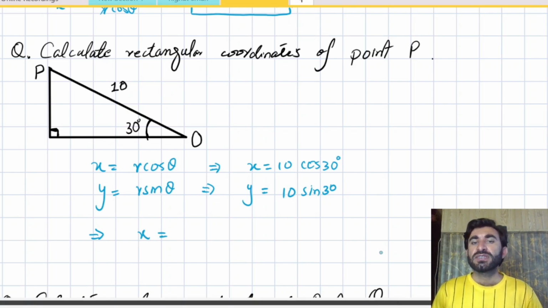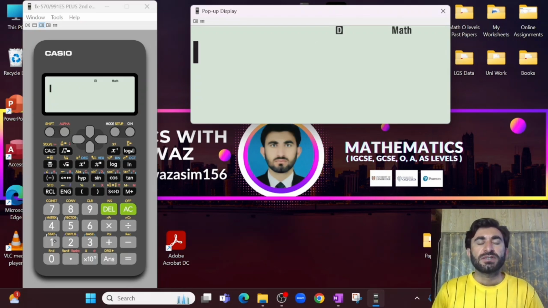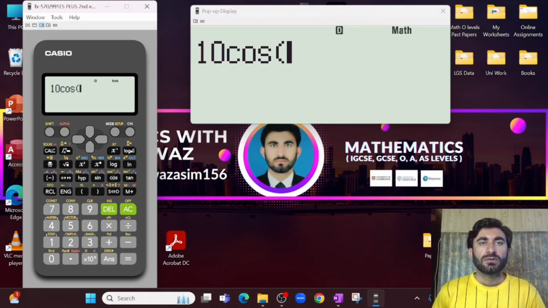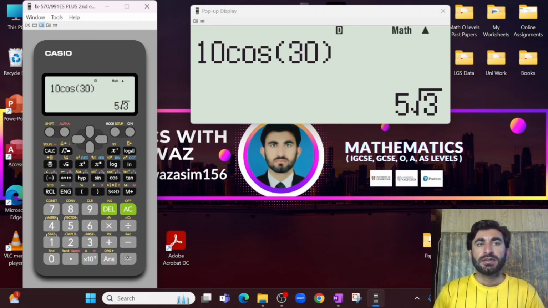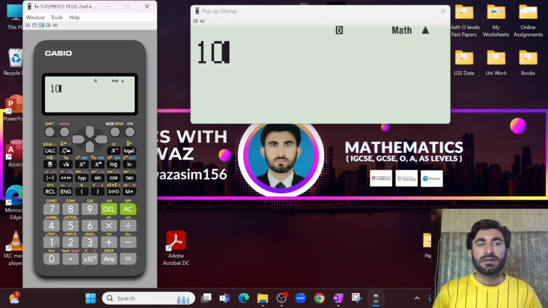Now we calculate these values with the help of a calculator. First it was 10 cosine of 30 degrees. It becomes 5 times square root of 3, and the other was 10 sine of 30 degrees.